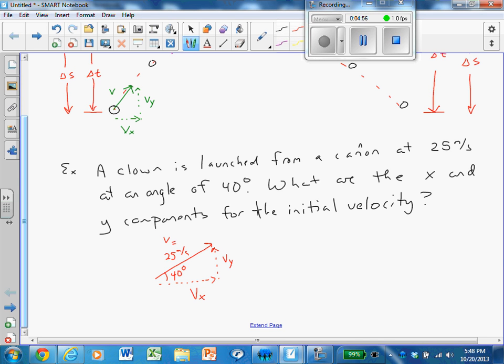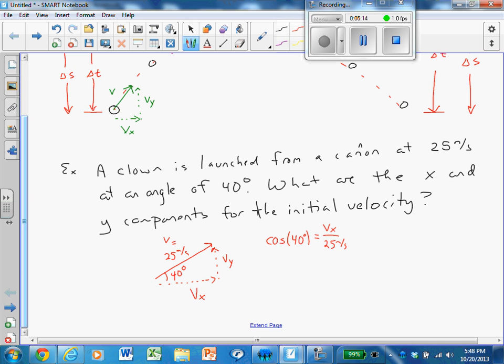Because, of course, let's look at the x. If we take the cosine of the angle 40 degrees, that would equal the adjacent, which is Vx, over the hypotenuse, which is 25 meters per second.